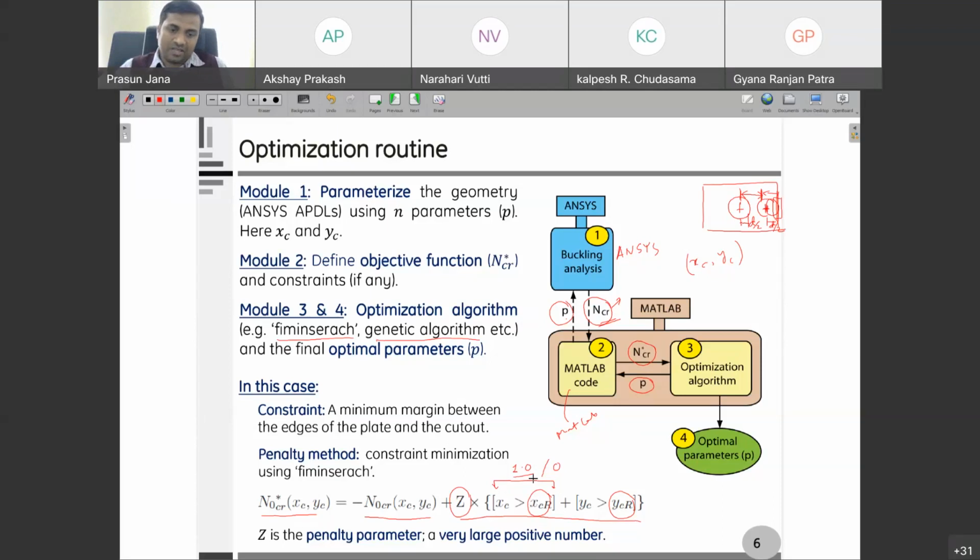That way we add a penalty to this objective function to discard the XC and YC values that go beyond XCR and YCR. This kind of trick works in Matlab, and we have seen that we get a solution within the prescribed range.